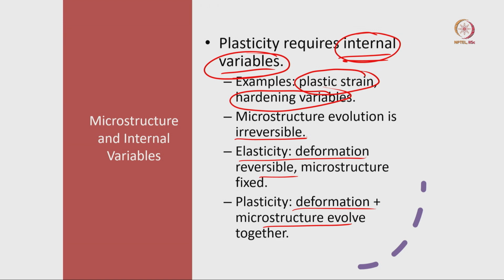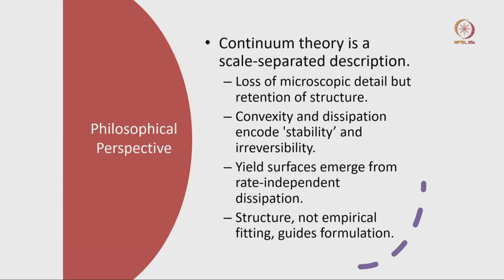If you are able to homogenize and arrive at these internal variables, then they will be physically much more transparent, but unfortunately our mechanics is not that advanced as to have a clear, unambiguous description of such physically and geometrically transparent internal variables. So, often we define these internal variables in an empirical manner. In the process we lose a lot of information on the microscopic detail, but hope to retain the structure.